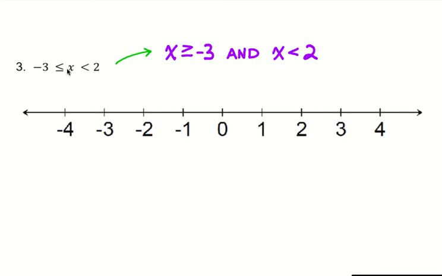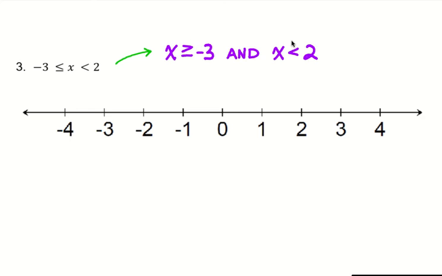This inequality is saying that x is greater than or equal to negative 3. In other words, negative 3 is less than or equal to x, which I like to say the x first and say x is greater than or equal to negative 3. But this is also saying that x is less than 2, at the same time. It's 2 inequalities at the same time.